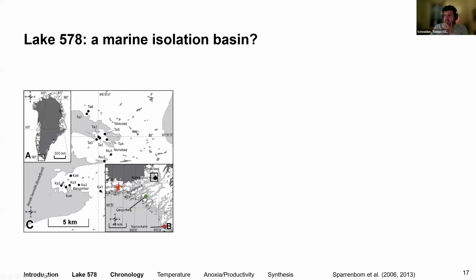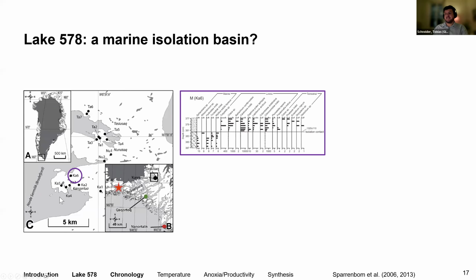And so the red dot here refers to Lake 578, which should be just through this small map. So it's just next to KA1 on this side. And what this Sparnbaum found is the lower, sorry, in gray, that's the ocean. And here that's a lake very close to the ocean. Found that there's a clear contact in these lakes that are very close to the ocean.